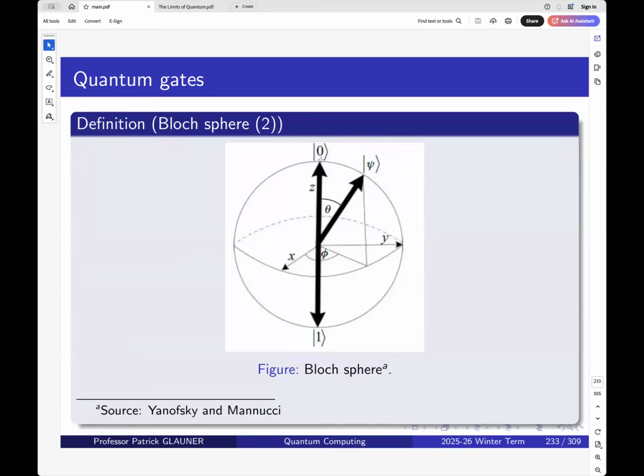And it not only works for the 0 ket to a 1 ket, but also if we have some other state, we would rotate 180 degrees around x. Y and Z also relate to these axes. The Pauli Y matrix does a 180-degree rotation around the y-axis, and the Pauli Z matrix does a 180-degree rotation around the z-axis. So this is a graphical interpretation of what X, Y, and Z do.